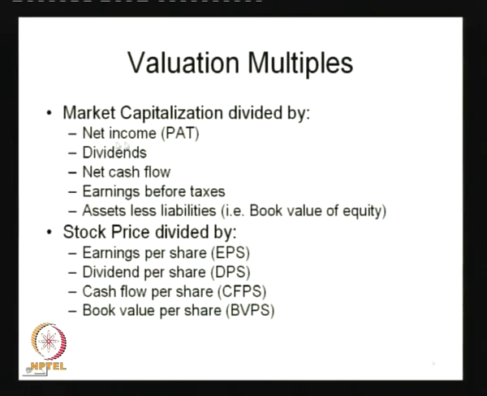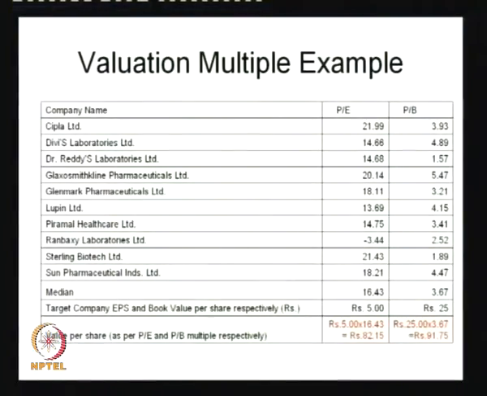When we took total dividends, in this case we take dividend per share, and instead of taking market capitalization of the entire company, we take only market price per share, and then the division is done. The stock price divided by the earnings per share, or the market capitalization divided by net income, will end up having the same value. So, we can go for an aggregate basis in the numerator and denominator, or an individual per share basis. Let us look at an example here.